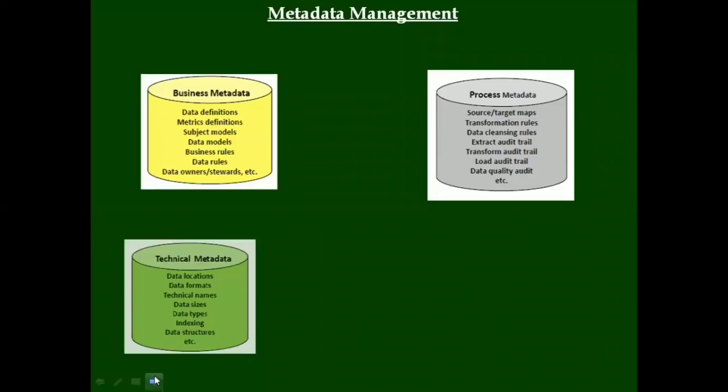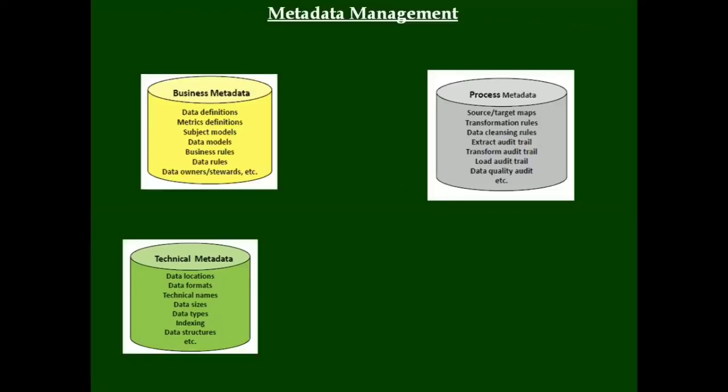The third one is the technical metadata. It will have information about the data location, where the data is stored, and what the format is, because now we are dealing with the technical phase of the data. It contains all the technical aspects like data location, data format in which the data is stored, technical names, data size, and data types.